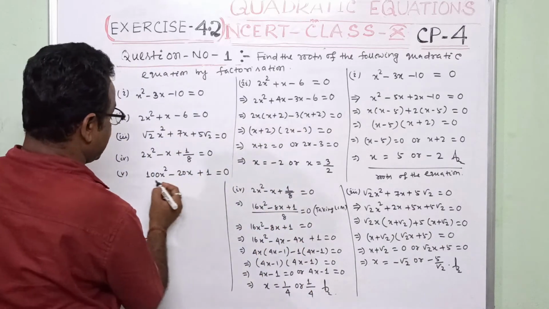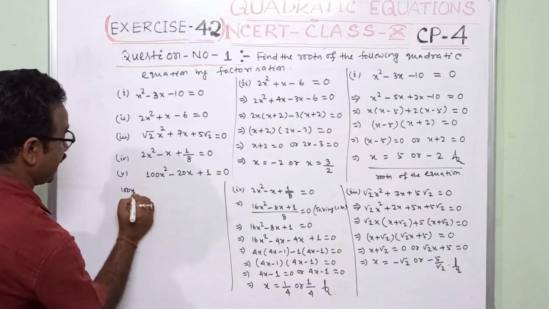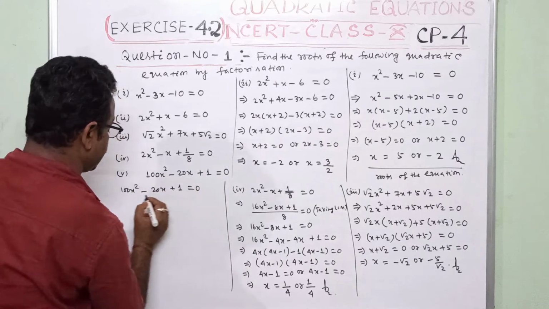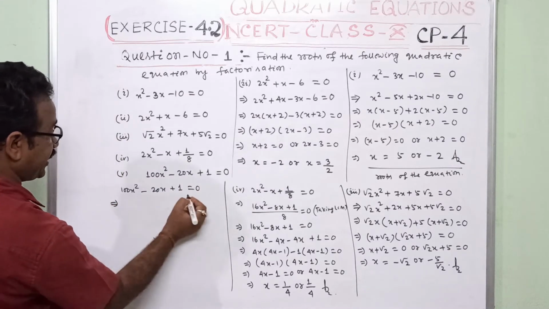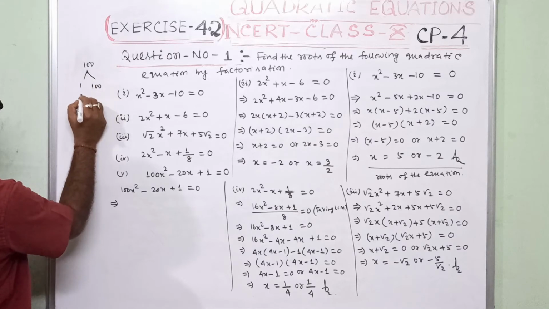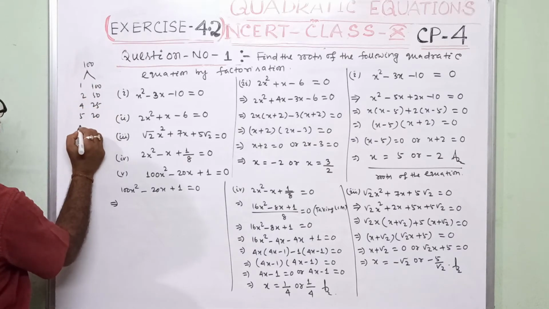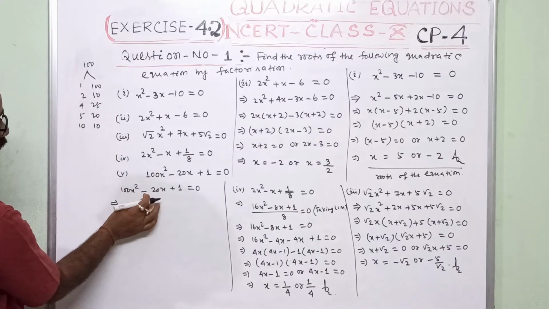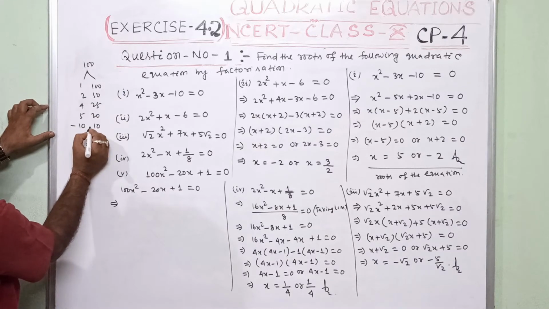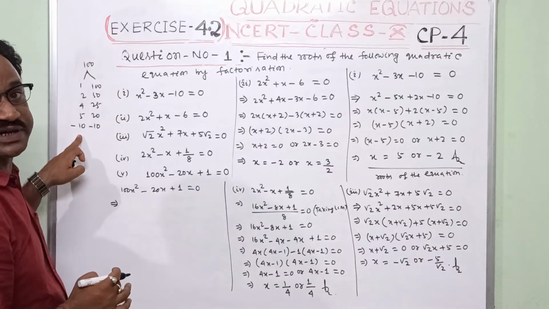Now move on to the last part, part V: 100x square minus 20x plus 1 is equal to 0. That implies 100: 1, 100, 2, 50, 4, 25, 5, 20, 10, 10. We require minus 20, so minus 10 into minus 10 is 100.